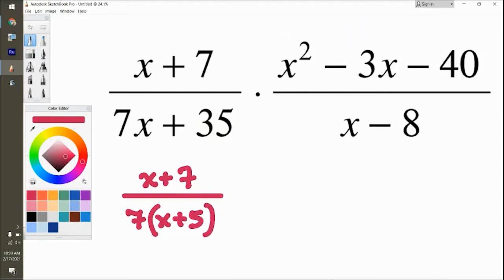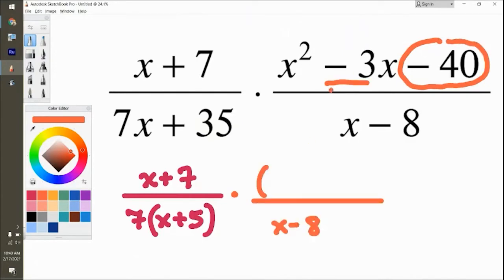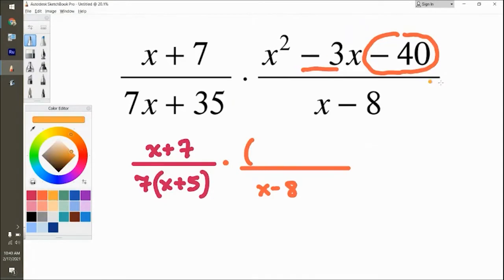Okay. Times, now we have to factor this quadratic up here. So you have to think, what are two numbers that multiply to get negative 40 and add to get negative 3? When in doubt, just write down every two numbers that multiply to get negative 40. So we have 1 and negative 40.